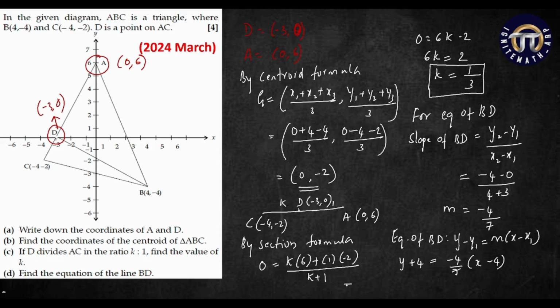I can write this as 7y plus 28 is equal to minus 4x plus 16. So the equation of the line would be 4x plus 7y plus 12 equal to 0. So this will be the equation of the line BD.